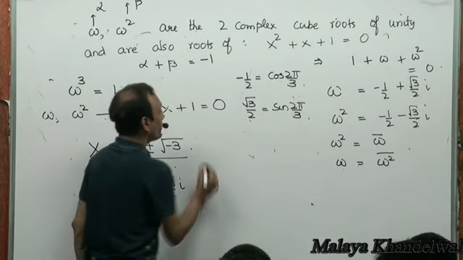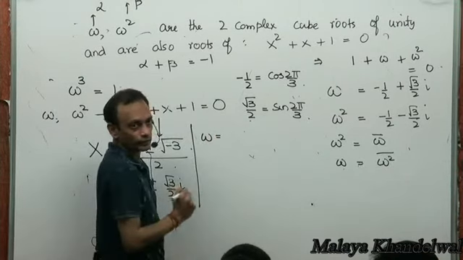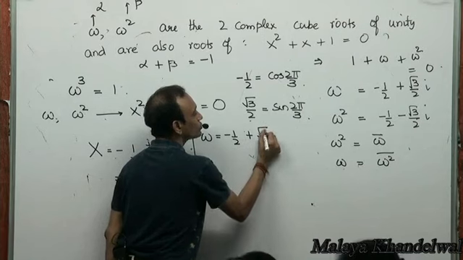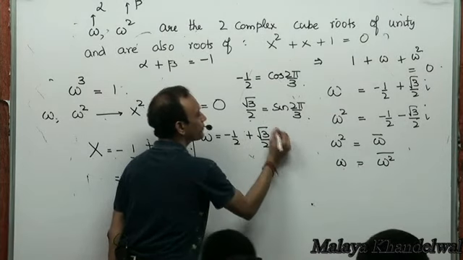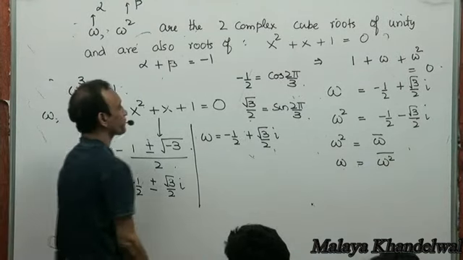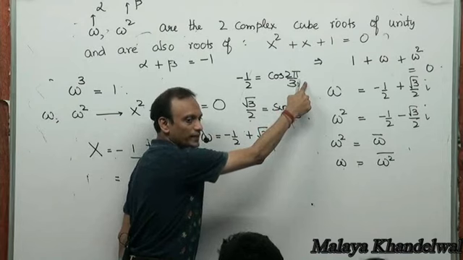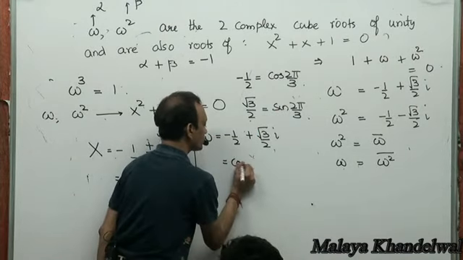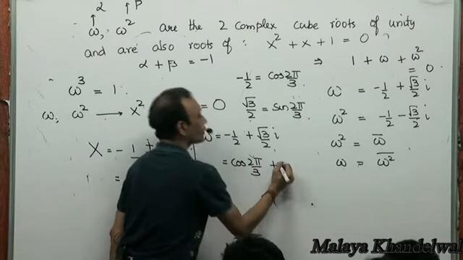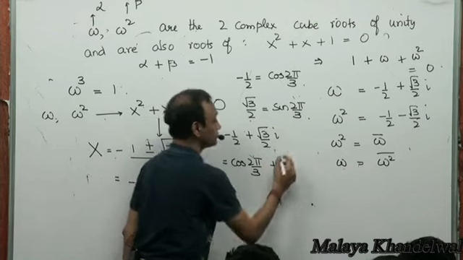Omega is minus half plus root 3 by 2i, which is minus half I write as cos 2 pi by 3. Root 3 by 2 I write as sine 2 pi by 3, right?